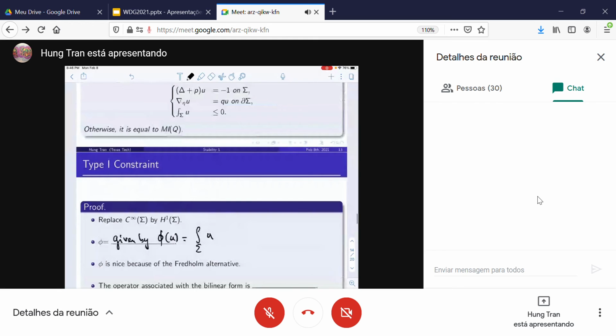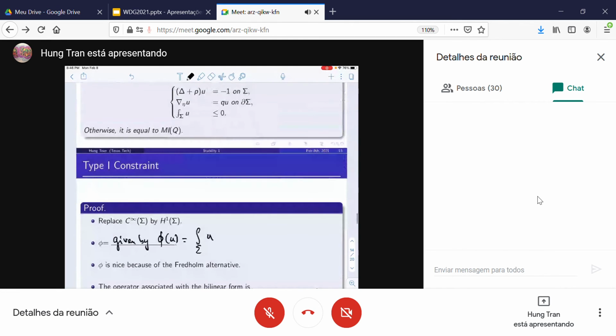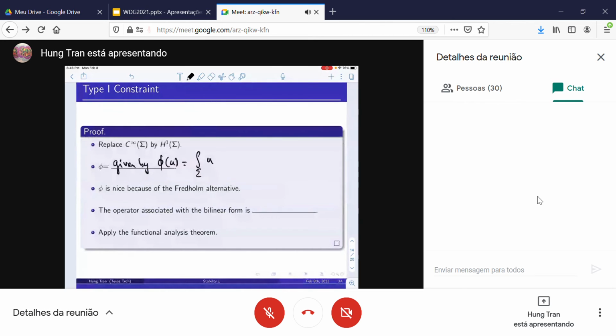You're looking at this symmetric bilinear form. The operator associated with the symmetric bilinear form is this elliptic operator, Laplace plus some fixed function p. Remember, p here is a function determined by the geometry, so it's fixed. And so this is an elliptic operator.